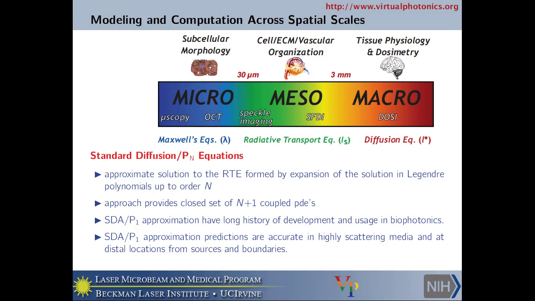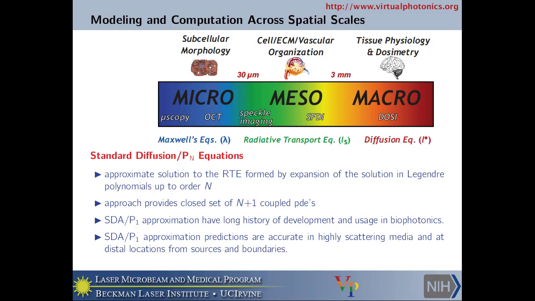Now what this allows you to do is reduce this RTE, which is an integral differential equation, to a closed set of n+1 coupled partial differential equations, which themselves can be solved. High orders still require much effort to be solved.